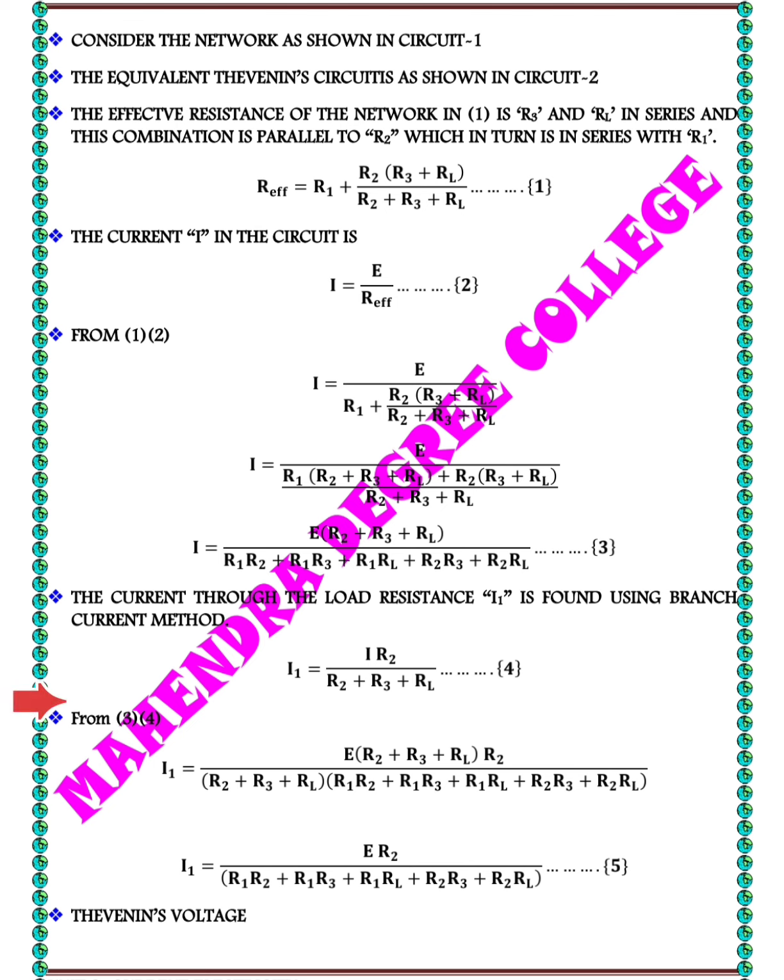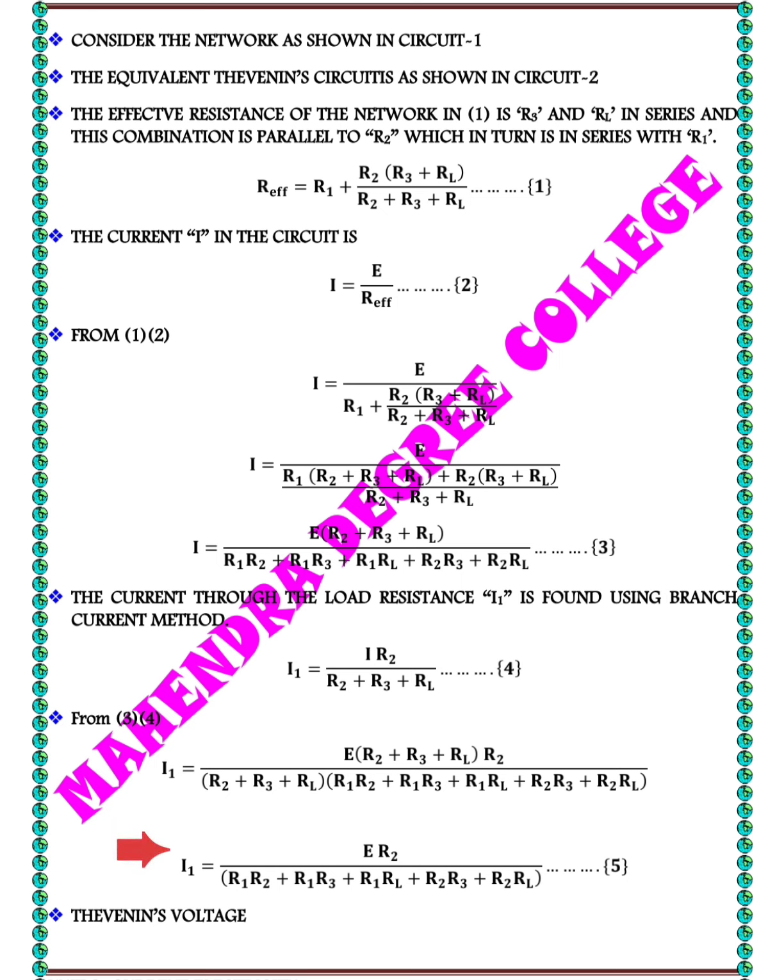From 3 and 4, the current I value is substituted in equation number 4. We get I1 equals E into R2 plus R3 plus RL into R2, whole by R2 plus R3 plus RL into R1 R2 plus R1 R3 plus R1 RL plus R2 R3 plus R2 RL.